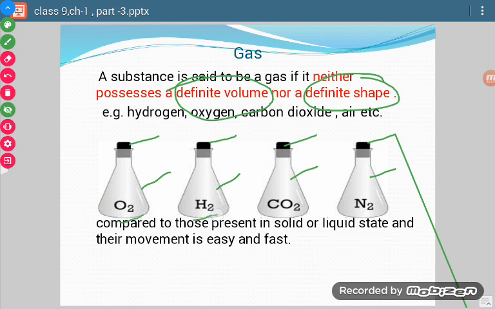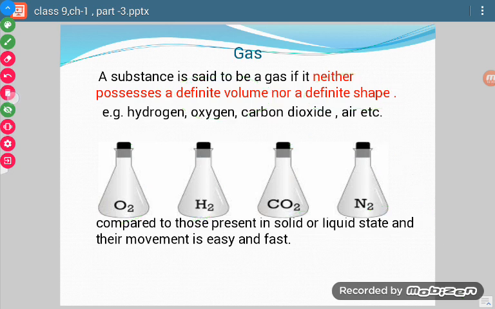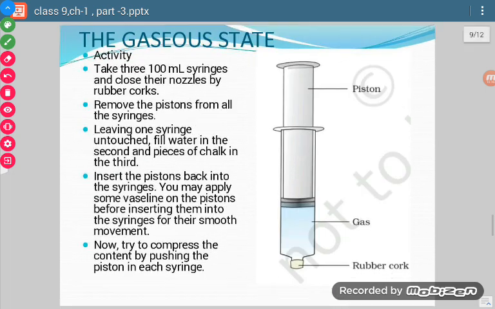See, O2, H2, CO2, N2, they all have the same shape here. So there is no definite shape of a gas. Okay, they do not possess definite volume, meaning as much space as we provide for the movement of a particular gas, that will become the volume of the gas.